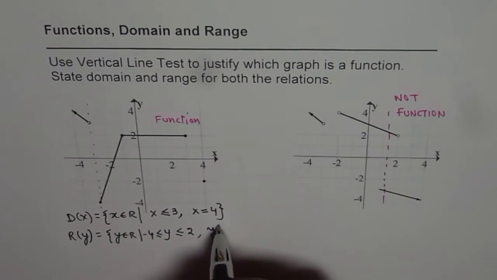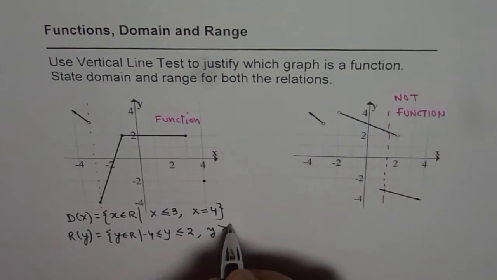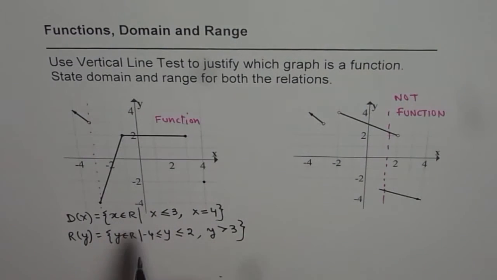And y greater than 3, not including 3 because this is a hole, and greater than 3, right? As far as this point is concerned, y value is -2, which is already included in the range specified earlier. You see that. So that is how we are going to give range for our function.